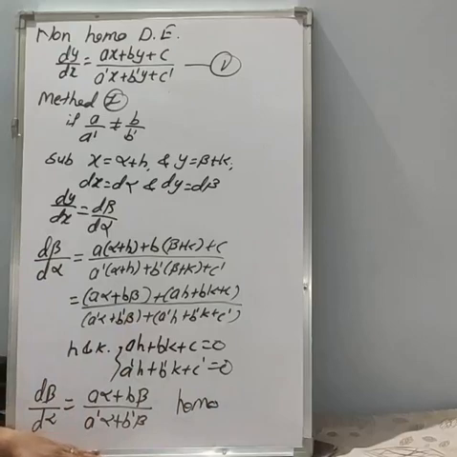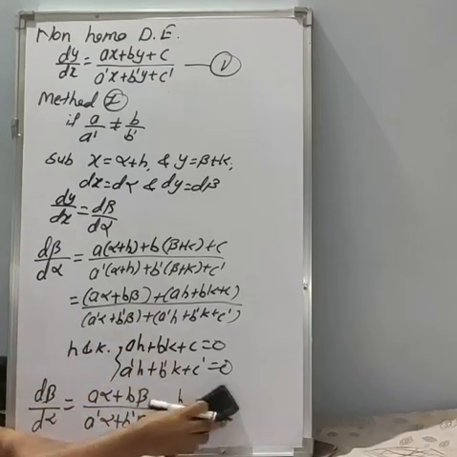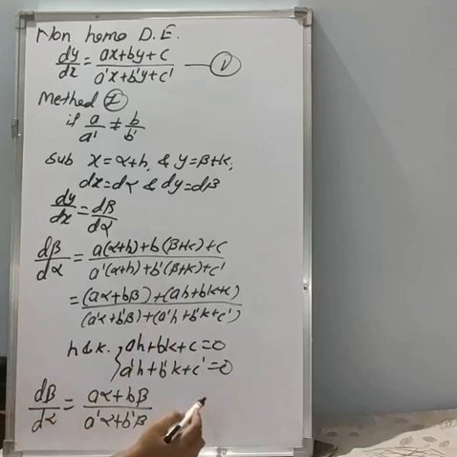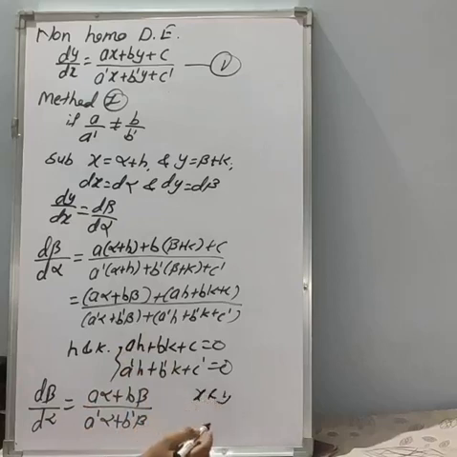We know how to find the solution of a homogeneous differential equation. There, our equation is in terms of x and y, and we substitute y is equal to v into x, and dy by dx is equal to v plus x into dv by dx.